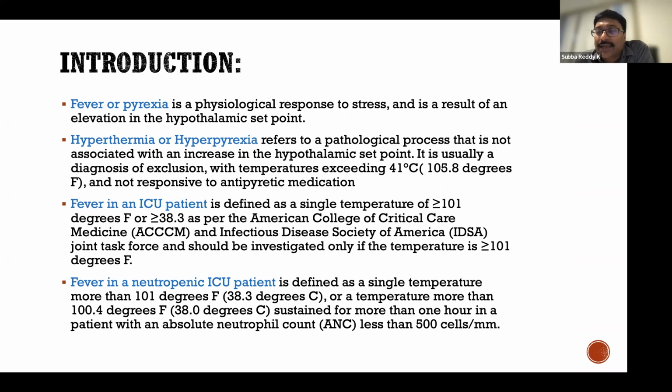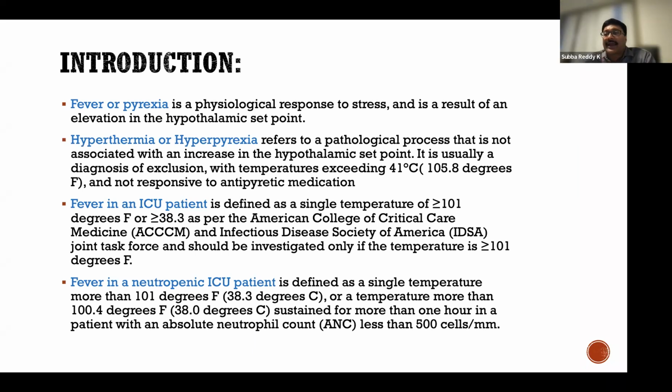If it is less than 41 degrees centigrade, or less than 106 degrees Fahrenheit, then it may be infectious. But if it is more than 106 degrees Fahrenheit, it is hyperpyrexia or hyperthermia, and it doesn't respond to any antipyretic medication, and the causes are always non-infectious.